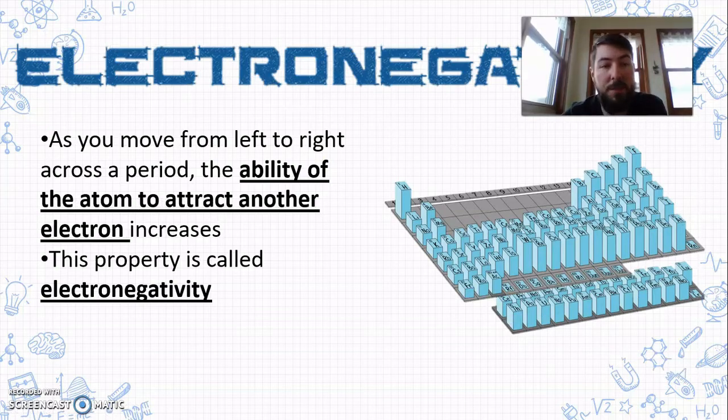And electronegativity. It is the ability of the atom to attract another electron. That is more on the right side of the periodic table because they tend to either take electrons from the metals or share electrons with other nonmetals.